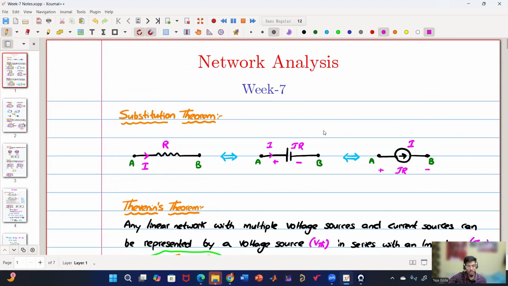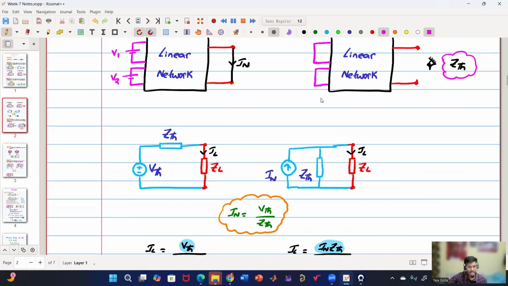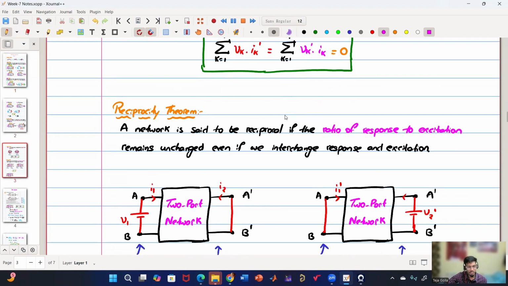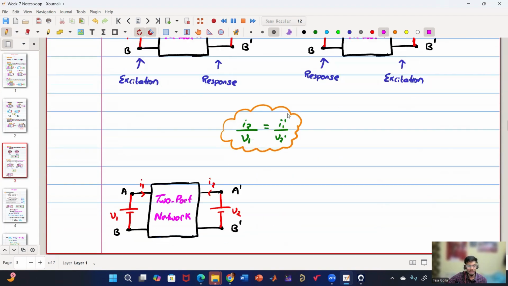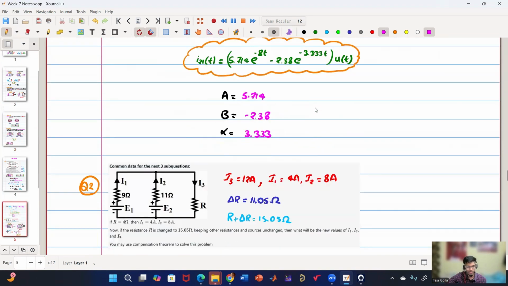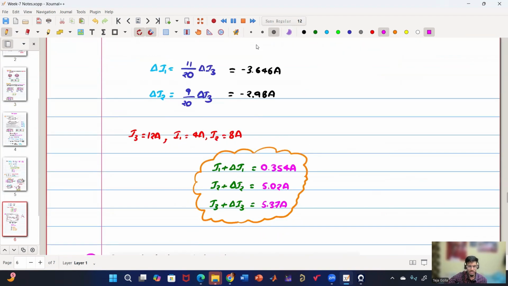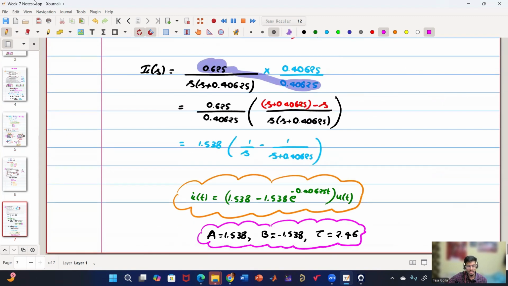The substitution theorem is just a modification, so it is not a big deal. We have not covered any problem on reciprocity, but it is simpler, similar to two-port networks. Probably you can give it a try, and if you face any difficulty, you can ask. If you have any further queries, you can ask, else we can end this session.